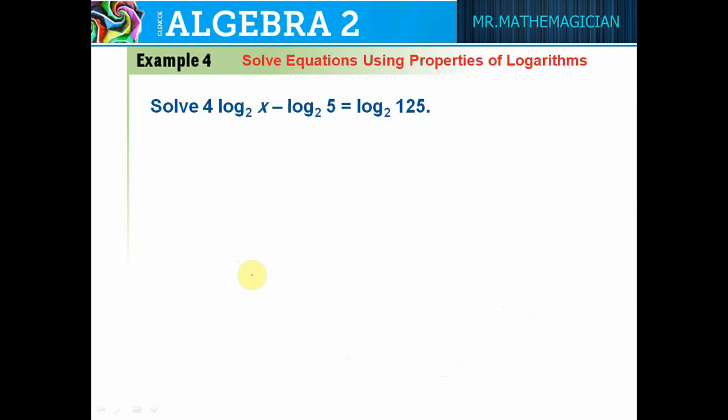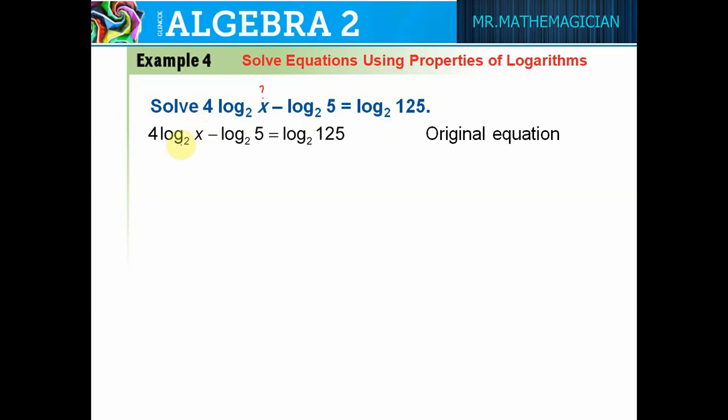Now another example. Solve 4 log x base 2 minus log 5 base 2 equals log 125 base 2, means solve for x. We need to know what is the value of x. This is the original equation.